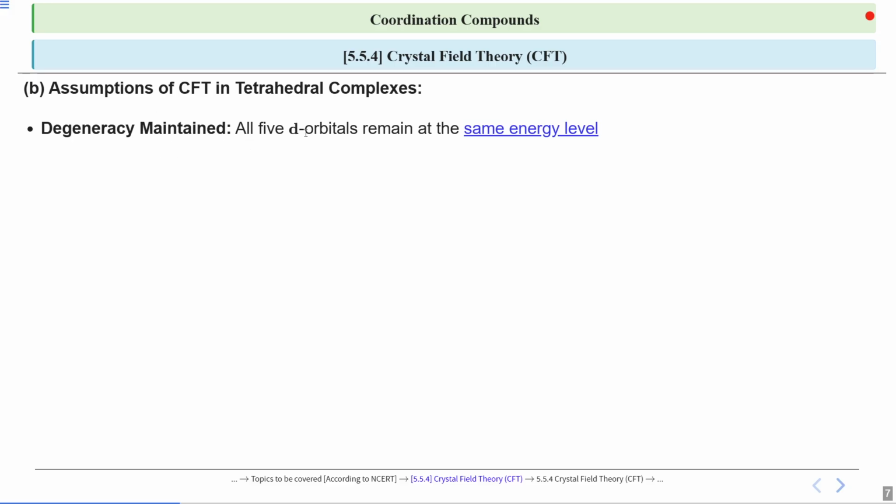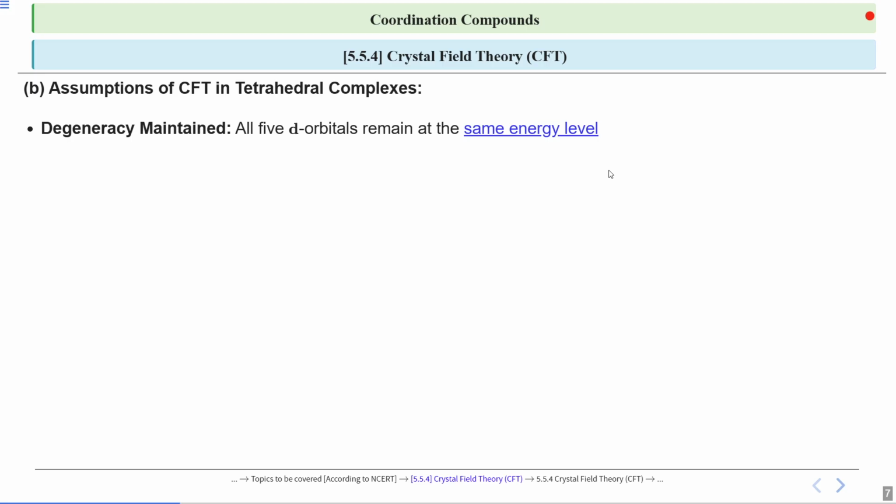Degeneracy is maintained. Now all the 5 d orbitals remain at the same energy level. As I said, they raise their energy from the previous degenerate form, when there were no ligands and only the metal ion was there, and all the 5 d orbitals had lower energy.